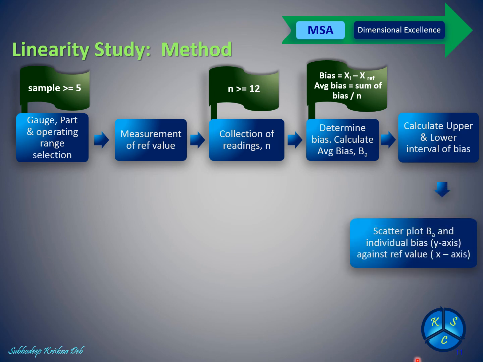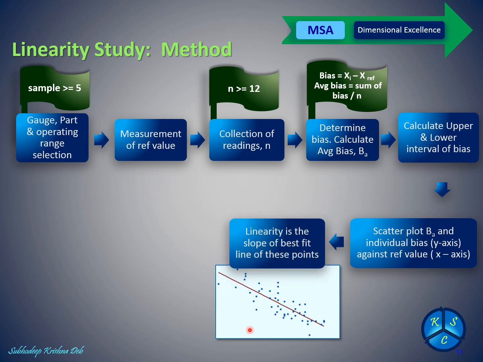We have to plot all the bias in a scatter plot with respect to the reference value on the x-axis. So on the x-axis there will be the reference value, and the y-axis will indicate the bias, the individual bias and the average bias. Finally, after plotting all the bias in dots, we have to draw the best fit line, which will ultimately show the linearity curve.